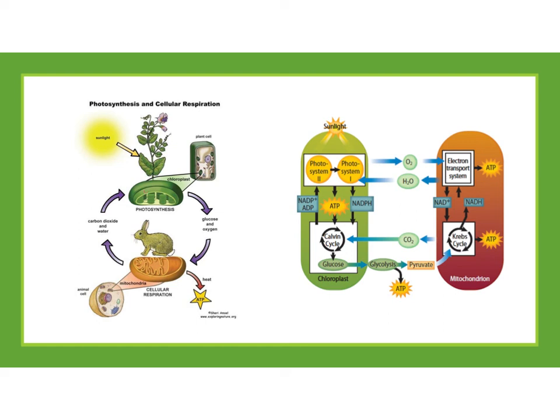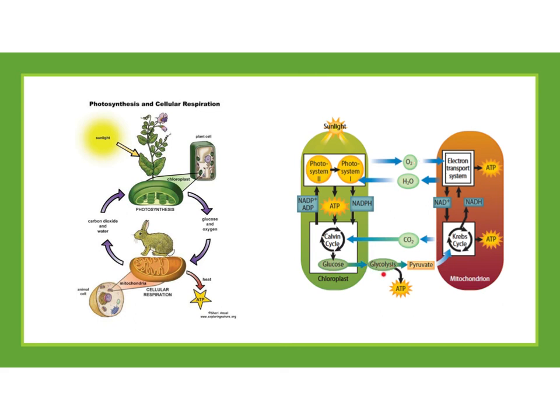Here's another diagram between photosynthesis and cellular respiration. This one is maybe a little bit more in depth just between like the two different stages of photosynthesis. But again, we can see that in photosynthesis, we're going to produce oxygen and glucose.